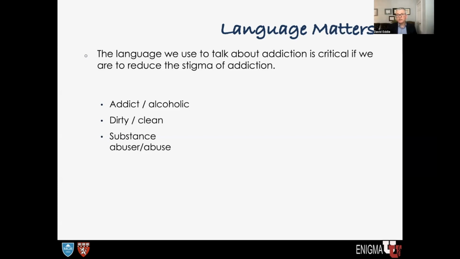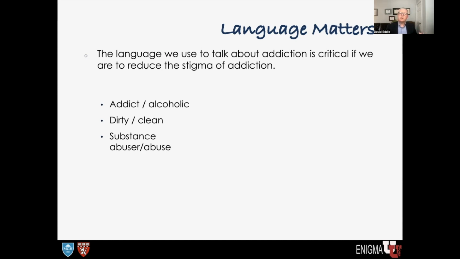And so, yes, there are very extreme examples of addiction that are often connoted when we think about these sort of stereotypical terms or images, but they don't accurately portray the breadth of people who experience addiction. And that's problematic because then we're pigeonholing people.